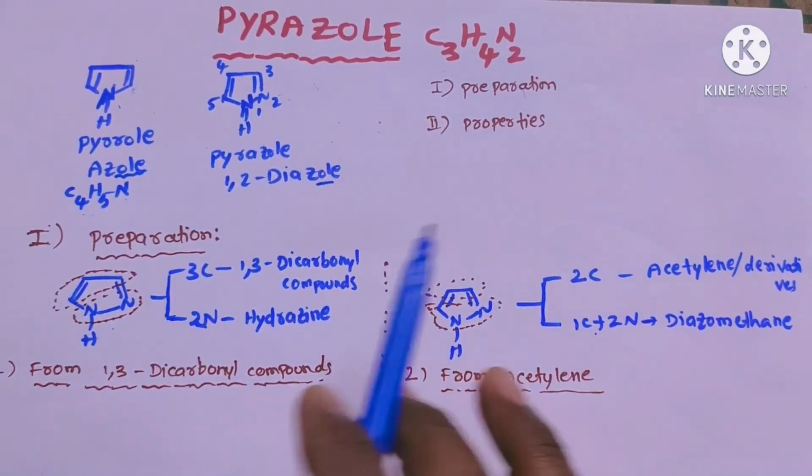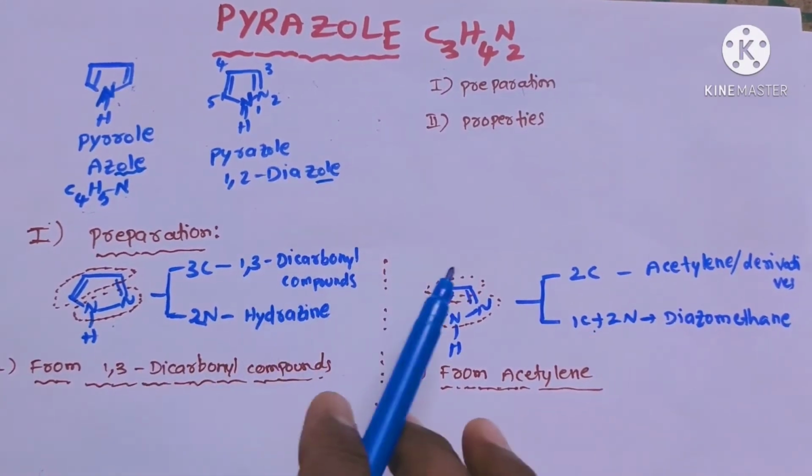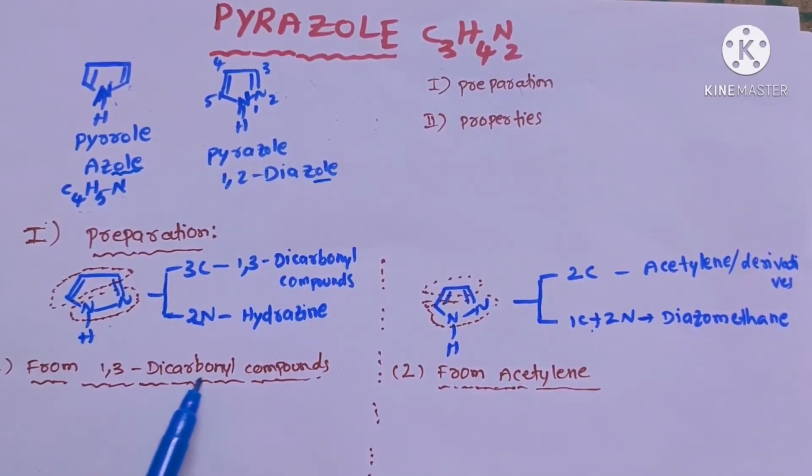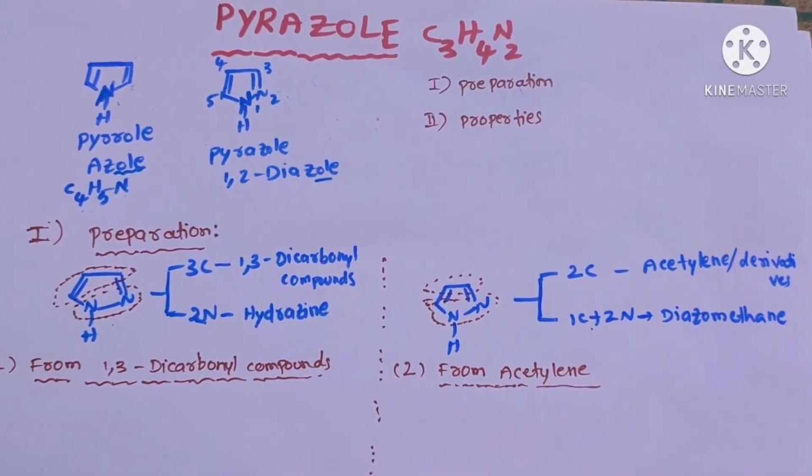So we have two methods to prepare pyrazole. First is from 1,3-dicarbonyl compounds, and the second method is by using acetylene or acetylene derivatives.